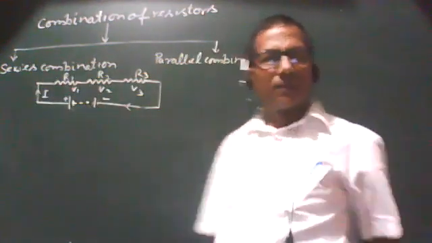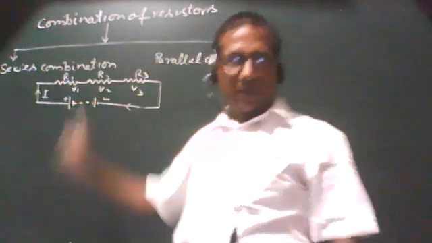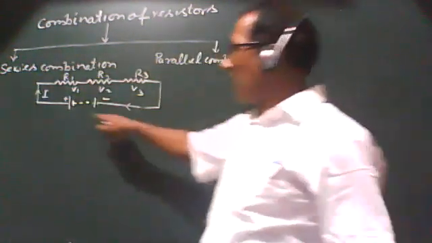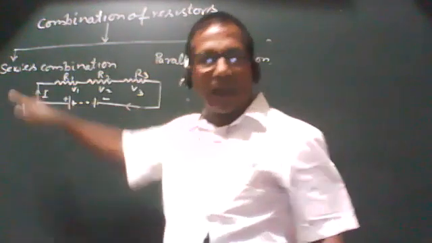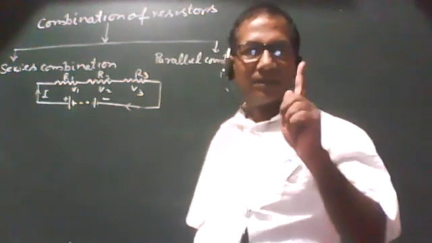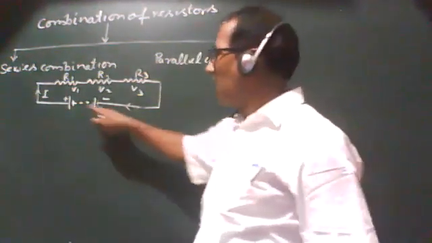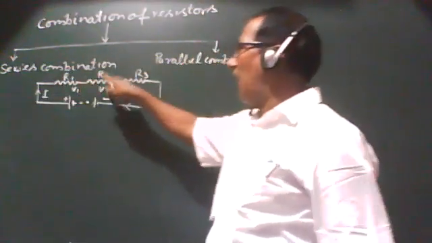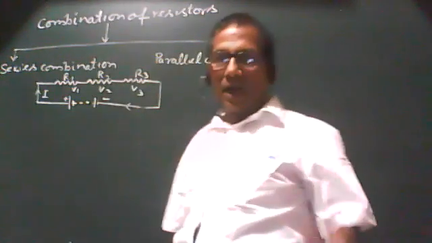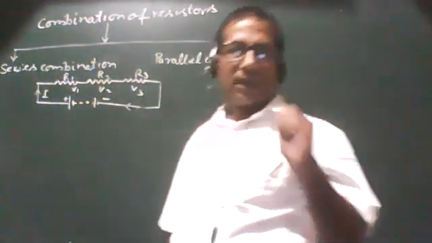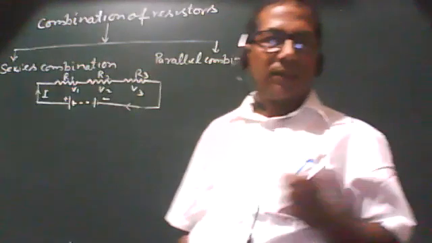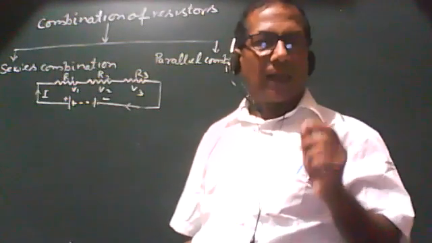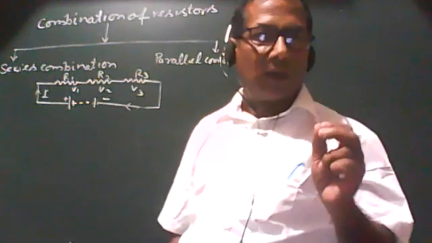Why are the currents of all resistors equal? See this in the figure. The current passes through the circuit having a single path. That's why the applied current is equal in R1, R2 and R3. Only one path is there for the current, so the current of all resistors will be equal.